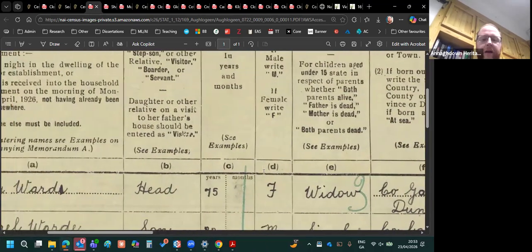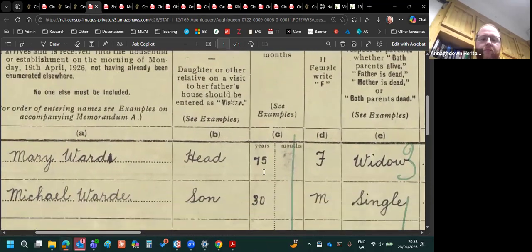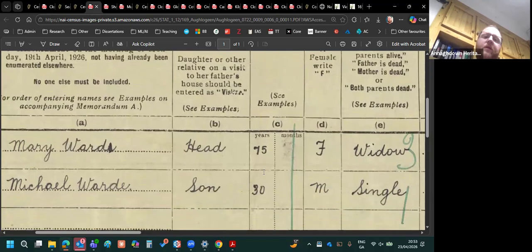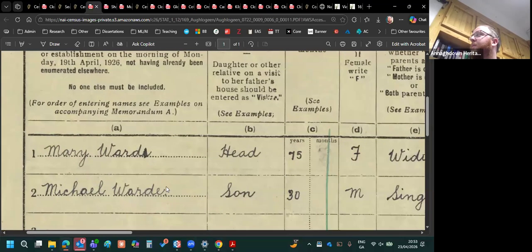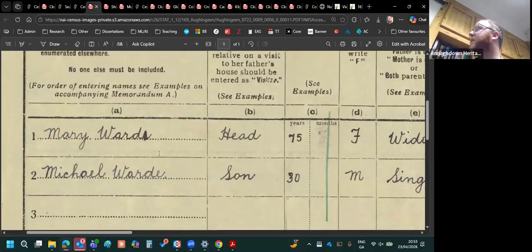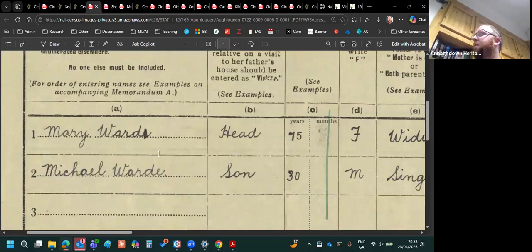Yes, a lot of people wouldn't have had a standard spelling for their surname. So they'd kind of approximate what it should be based on the sound, yeah. And a lot of them, like Ward, sometimes spelled with an E at the end, sometimes not. So one of them here, actually, I think they've crossed out the E, or else it's just a blotch. So there's no standardization, really.